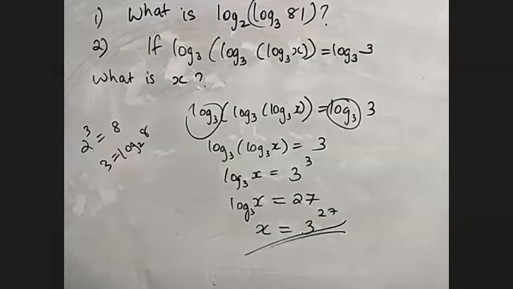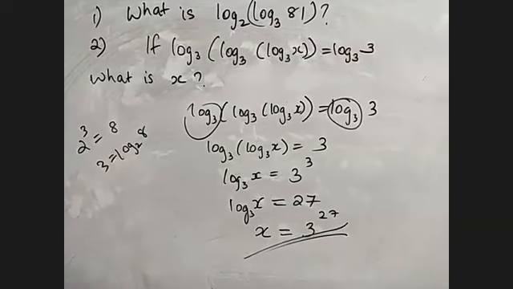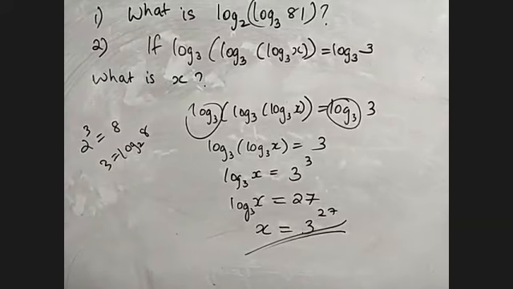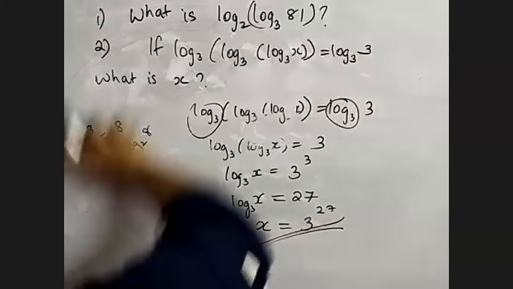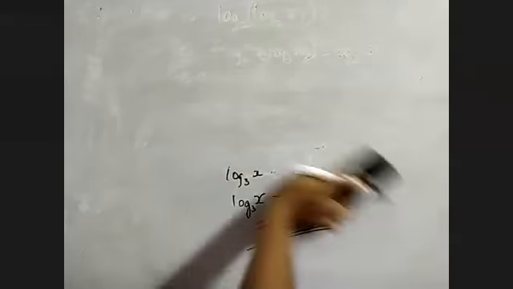Pranav. Yes, ma'am. Okay, write down the next question. So simple questions are asked, just apply the property of log. You have 2 questions from this in your NDA exam. Write down the next question.